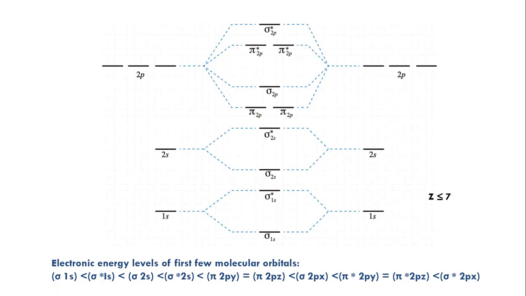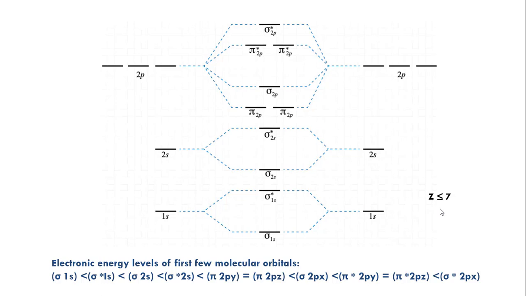And if the atomic number is greater than 7, what are the elements we have after nitrogen? Oxygen and halogens, and of course noble gas elements also, that means neon.